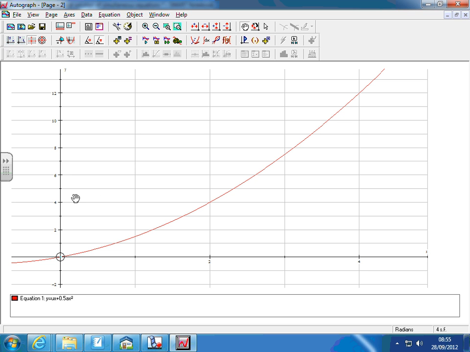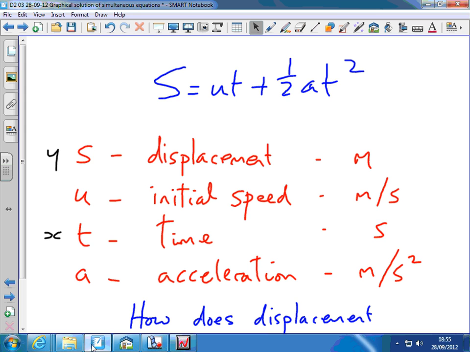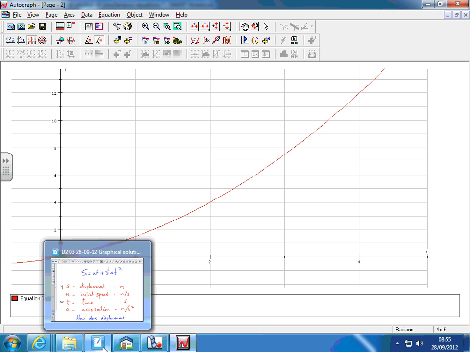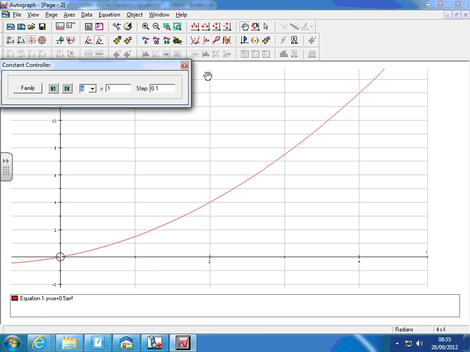However, we've not worried at the moment about the values for u and a. And that's what we've got to think about first of all. We've got to find out what u and a are before we can plot this function properly. Autograph plotted something for us, and that's because by default it sets u and a as 1. So if I go to the constant controller here and look at the values for u and a, the constants are in here.